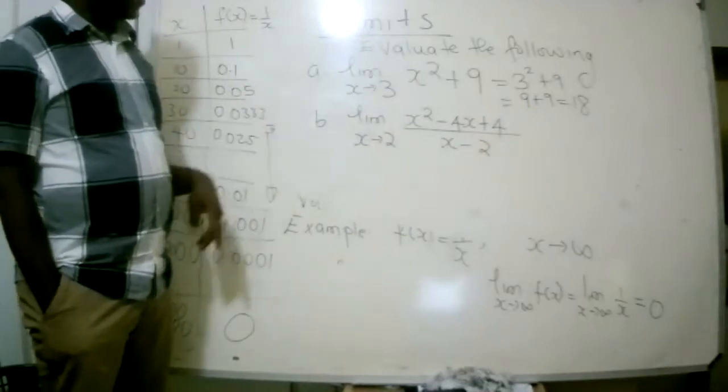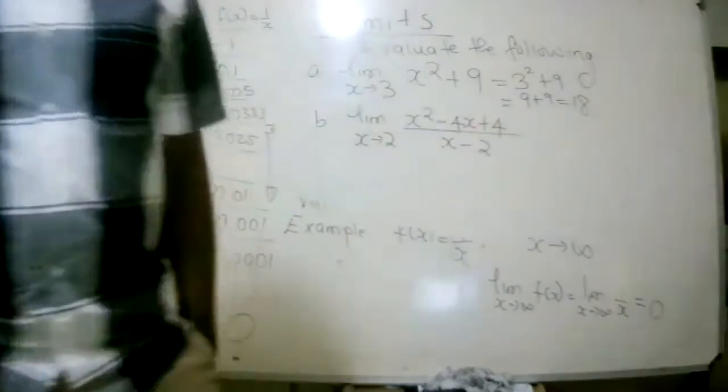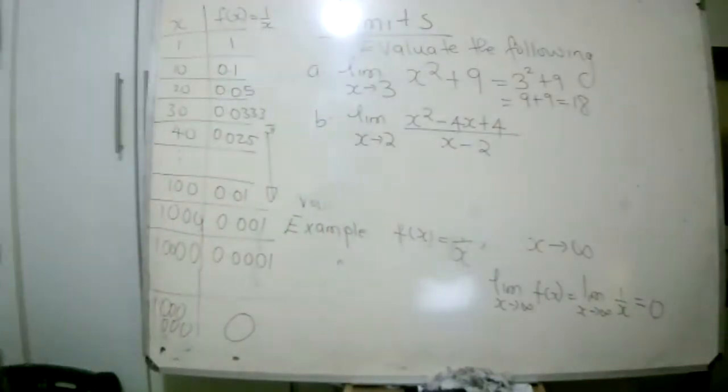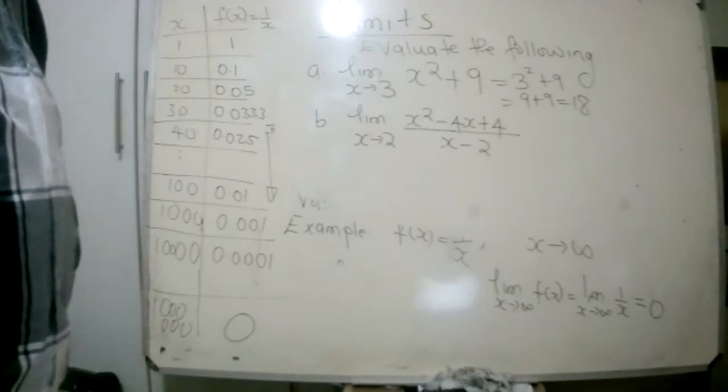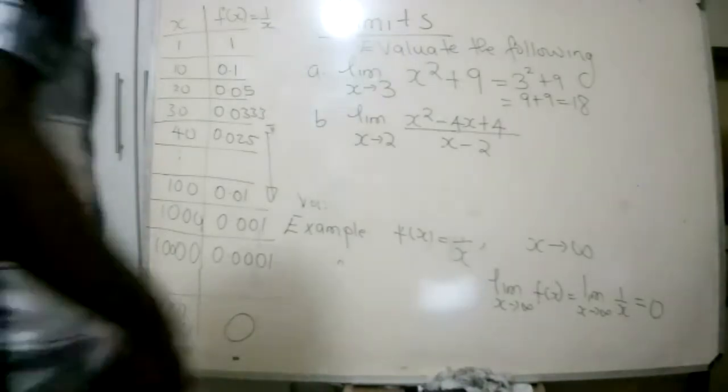So when we do direct substitution, can you tell me the answer we're going to get? Like what we have done on the first question. So let's do the direct substitution and then you tell me the final answer we're going to get. Zero. You get an answer of 0. Yes.